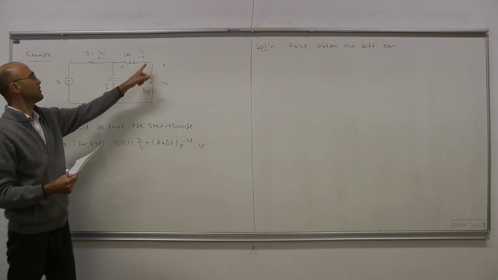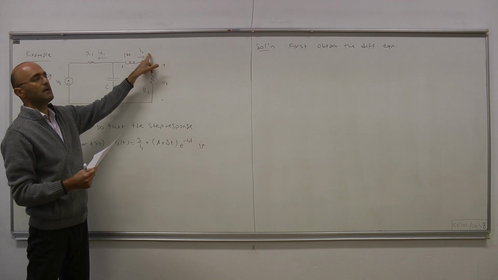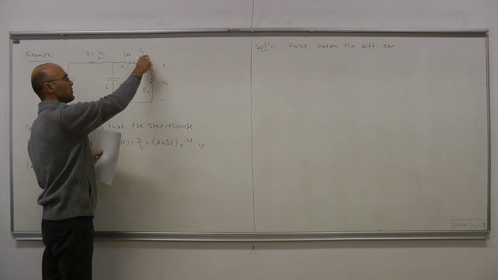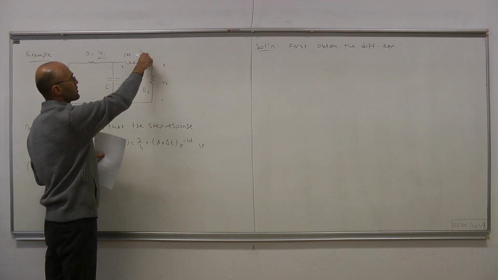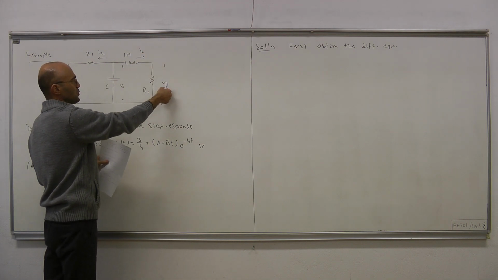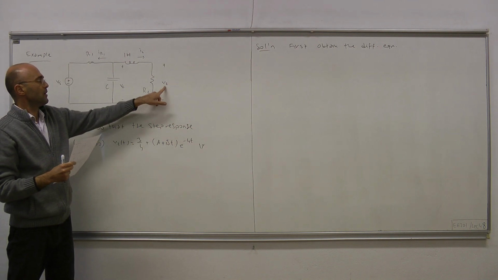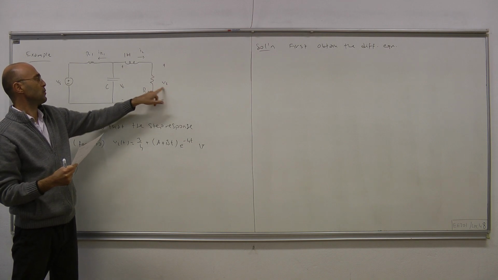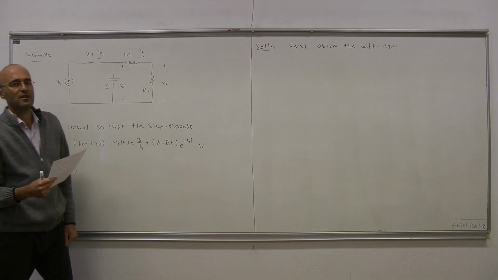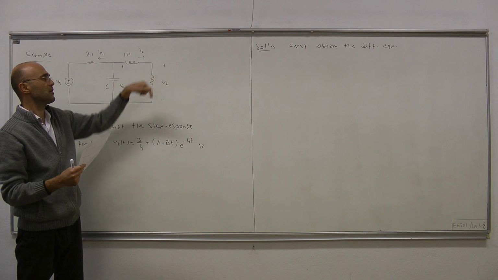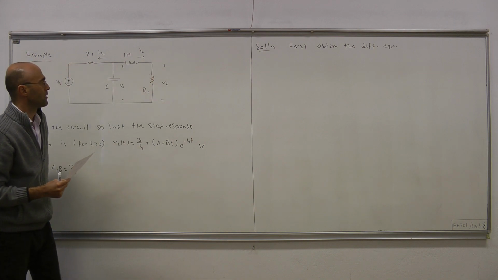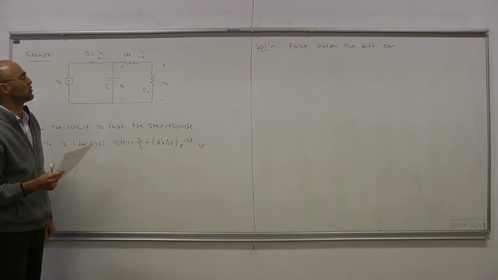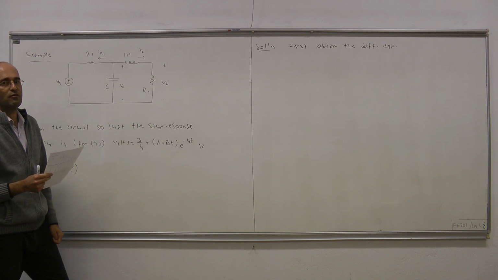But still, let's try to obtain the differential equation in terms of the inductor current, because inductor current, in a sense, is very closely related to the second resistor's voltage, because simply V2 equals R2 times IL, because inductor current is also the current of the second resistor. Okay, so therefore it makes sense to try to obtain the differential equation in terms of IL.